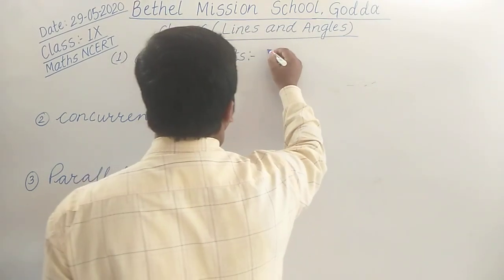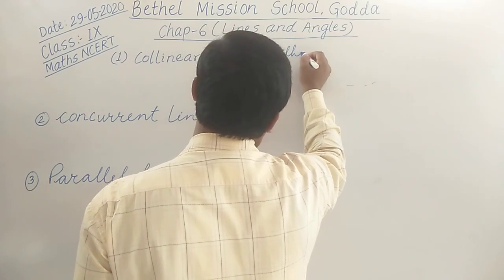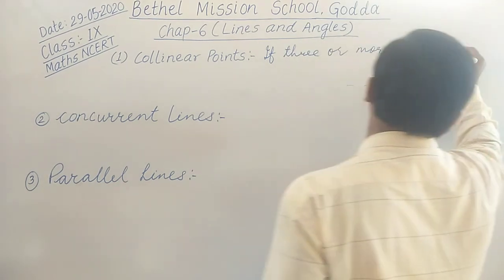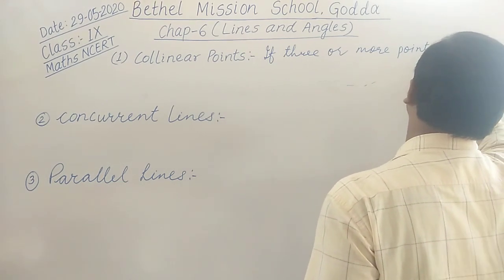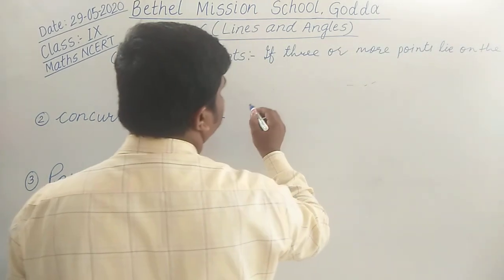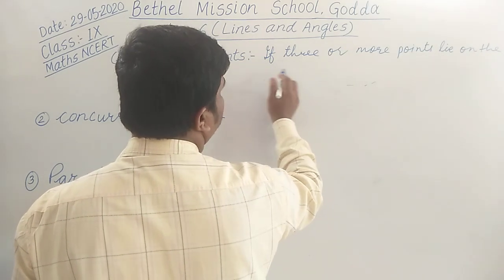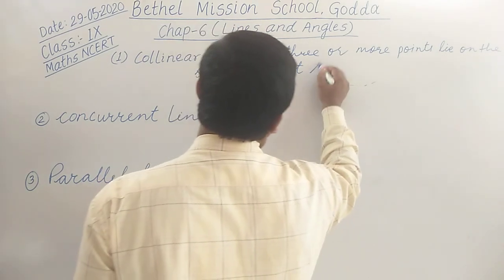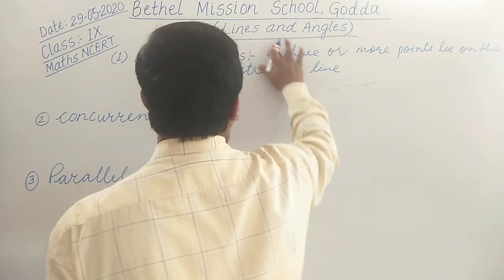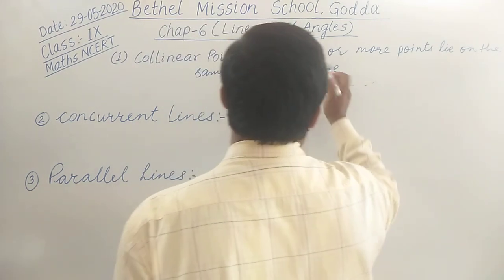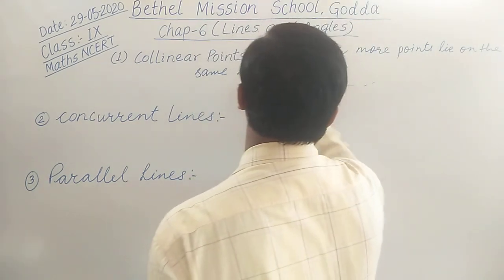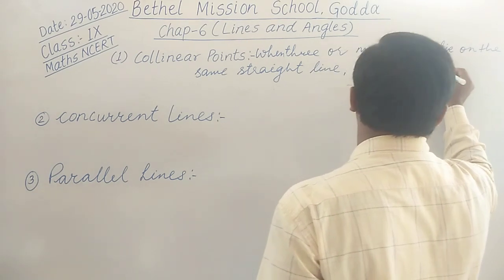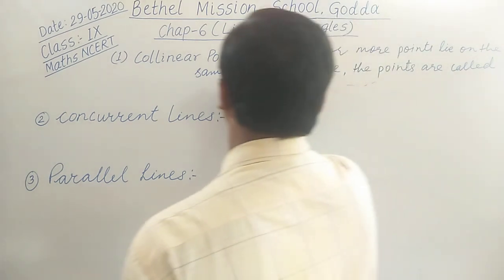So let's see the definition. When 3 or more points lie on the same straight line, the points are called collinear points.